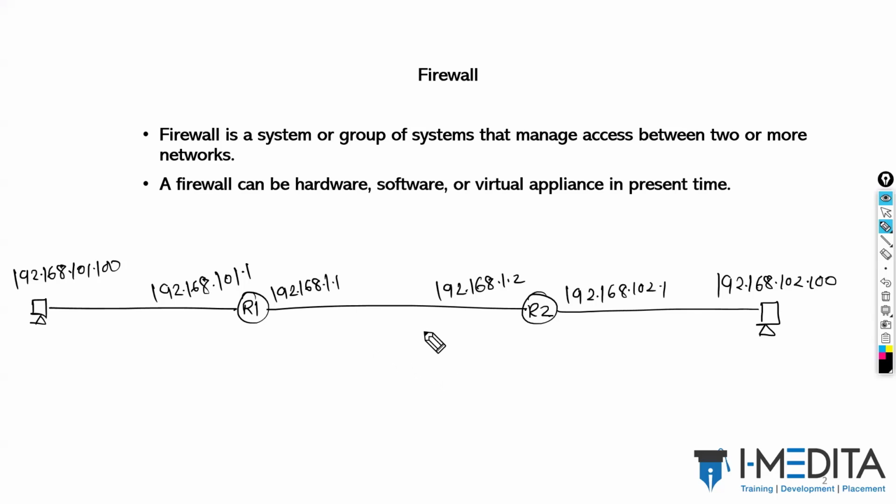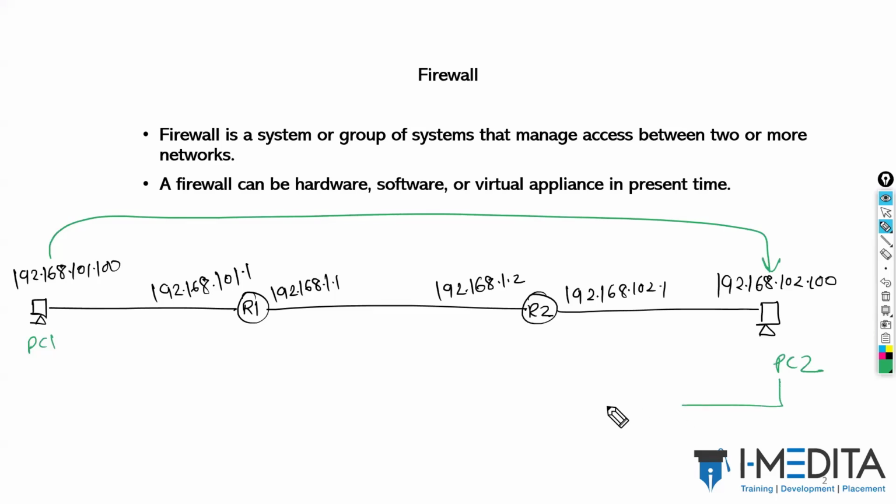After IP addressing and routing, we can make it possible that PC1 can communicate with PC2, and PC2 can communicate with PC1. But here our requirement changed. We only want PC1 to be able to communicate with PC2, but PC2 should not be able to communicate with PC1. For that, we need to deploy a device called a firewall.